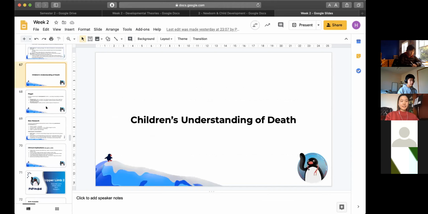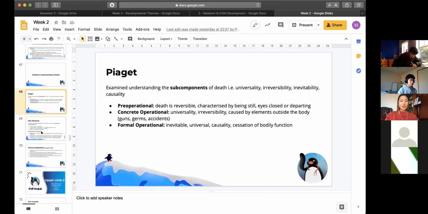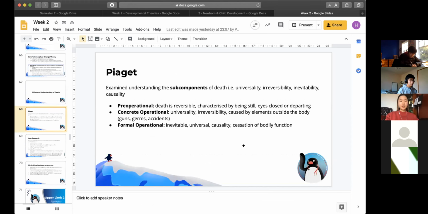And then lastly, they'll cover how children understand death. If we look at Piaget, he examines the subcomponents of death. If the child is in a pre-operational stage, they'll think death is reversible.